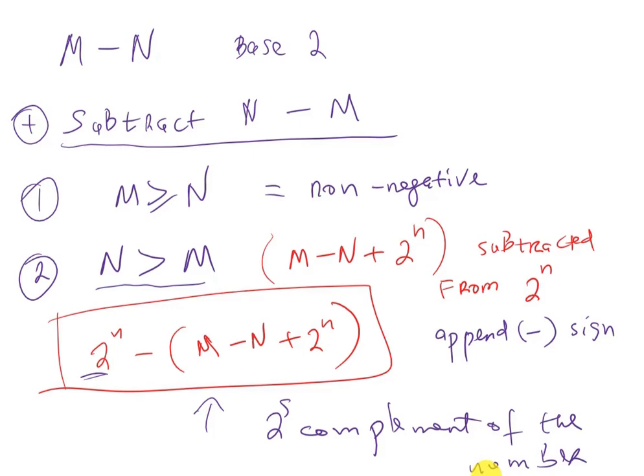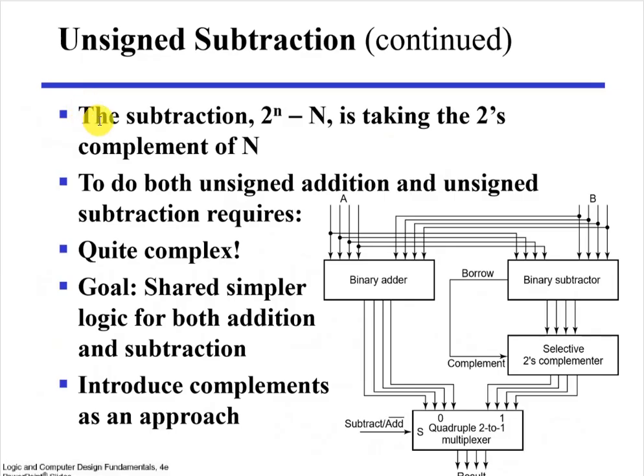Okay, let's resume, and then we will see other examples. We will study what the 2's complement is. The subtraction of 2 to the n minus n is equivalent to taking the 2's complement of n.